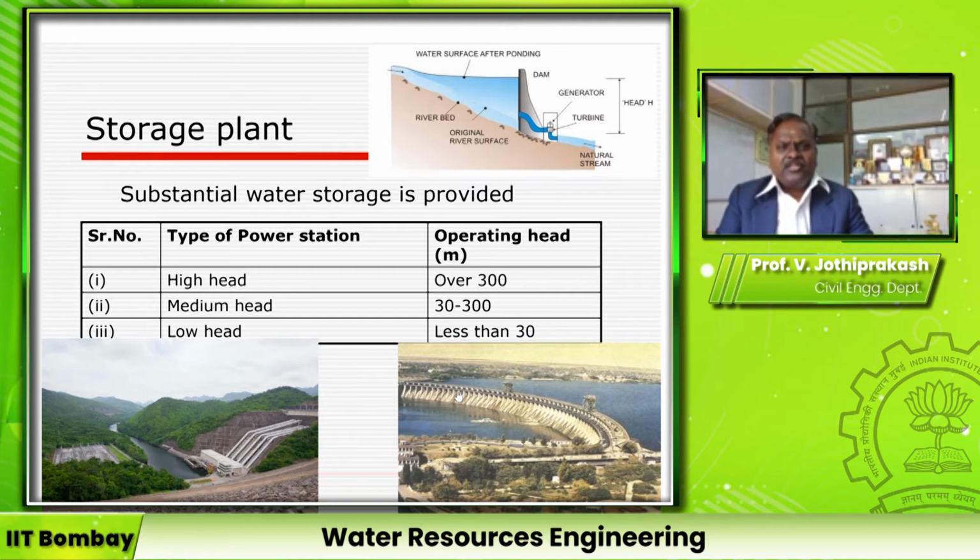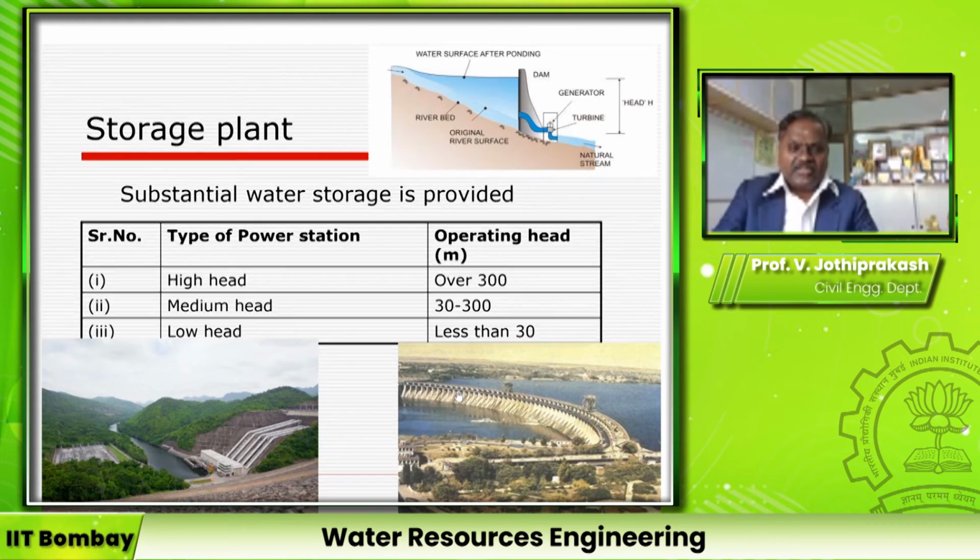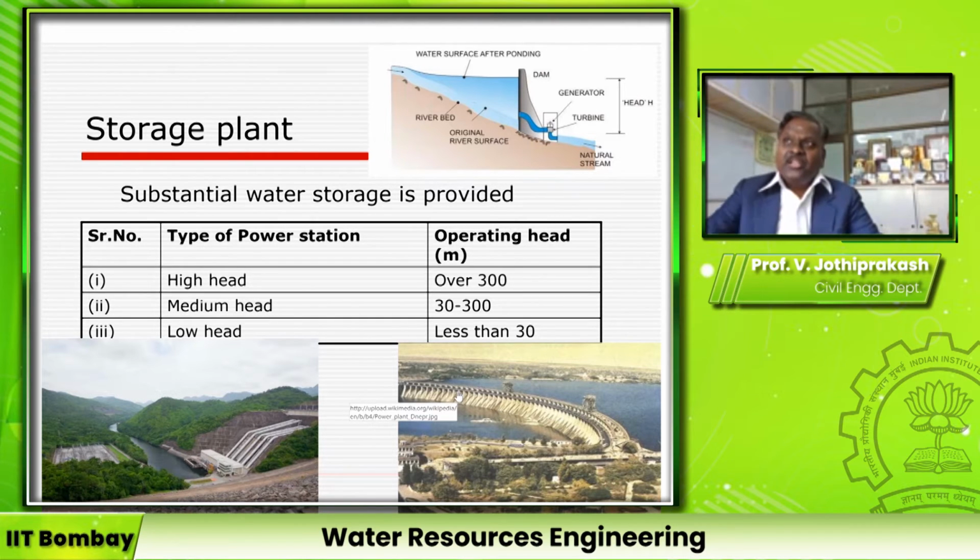Medium head power plants are when the operating head is between 30 to 300 meters, and low head when the operating head is less than 30 meters. This operating head is the level difference between the water level in the reservoir and the line at which the penstock jet is impacting the turbine blades. That is called operating head.